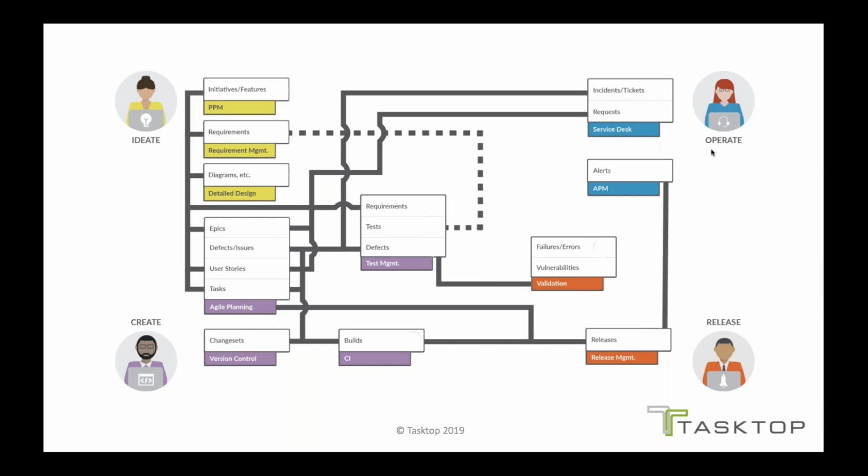I generally like to show this picture and say we're essentially trying to connect all four of these corners and make sure that there are no gaps, that manual duplicate data entry is eliminated, and that we're finding those bottlenecks.